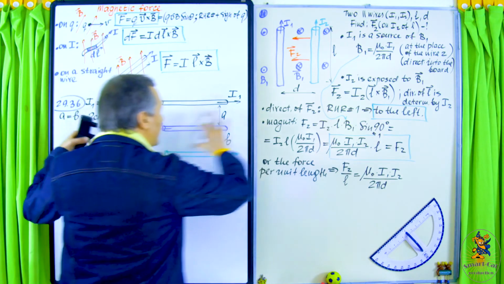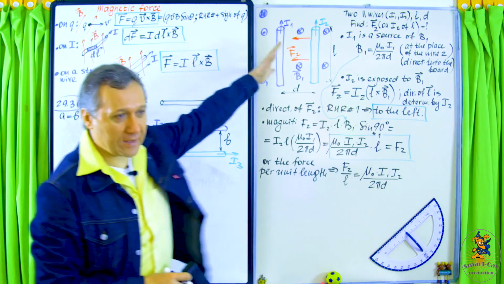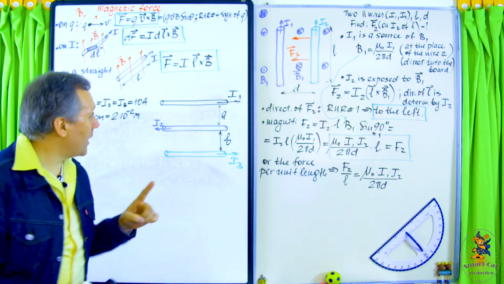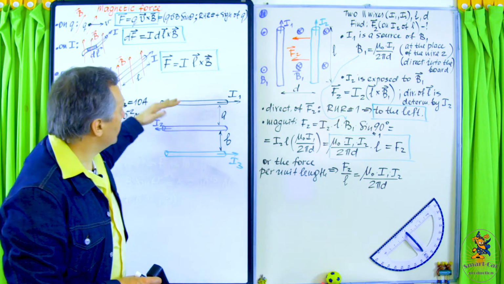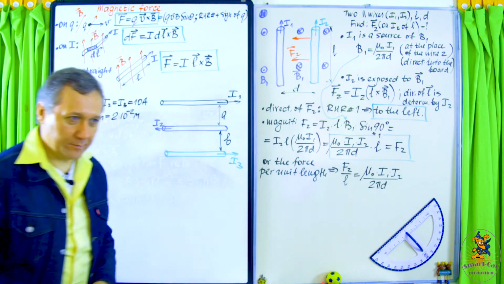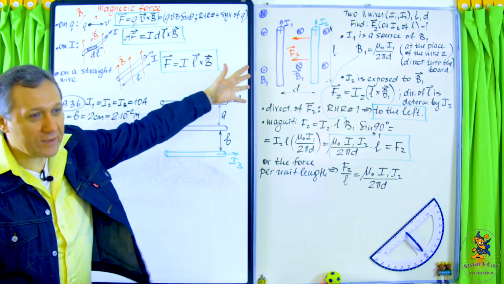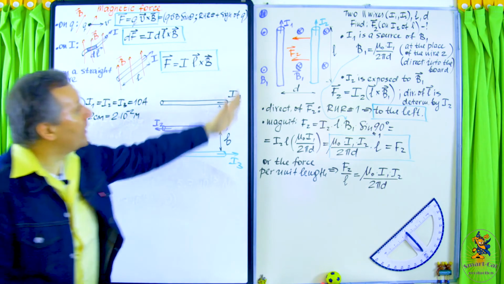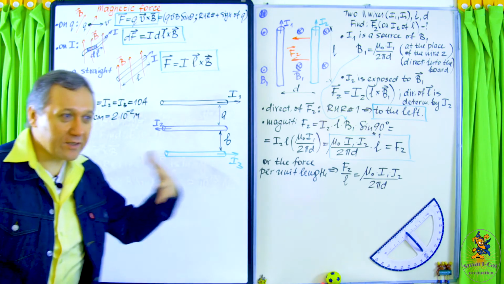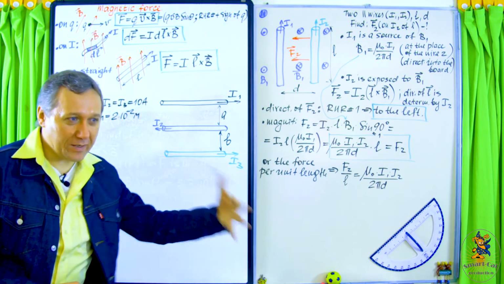Again, these are infinitely long wires like in this case, but we will have to find the force acting in part A on this wire I1 of a given length L. So it's basically an extension of this problem, but we added wire number 3. I just increase complexity step by step, right?